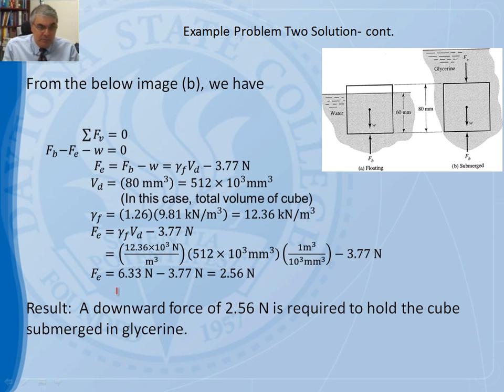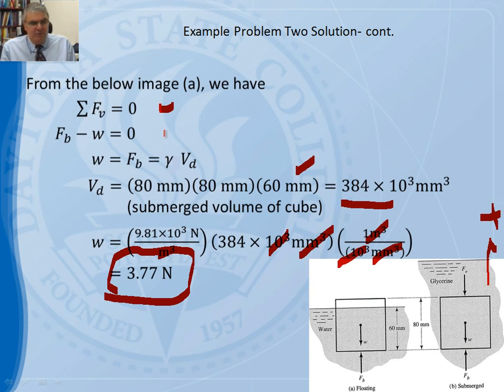Then, knowing W, we set the summation of forces. This is for part A. So as such, F sub B would be W, 3.77, right?